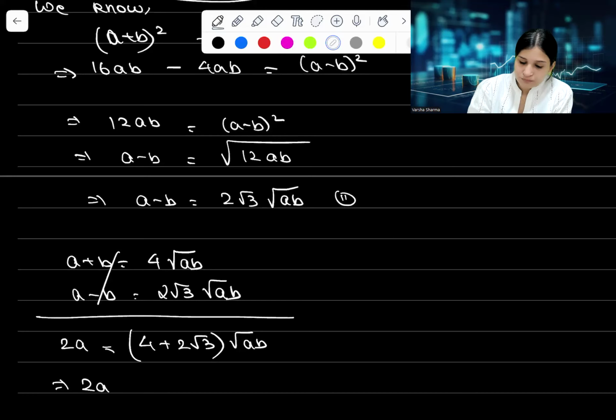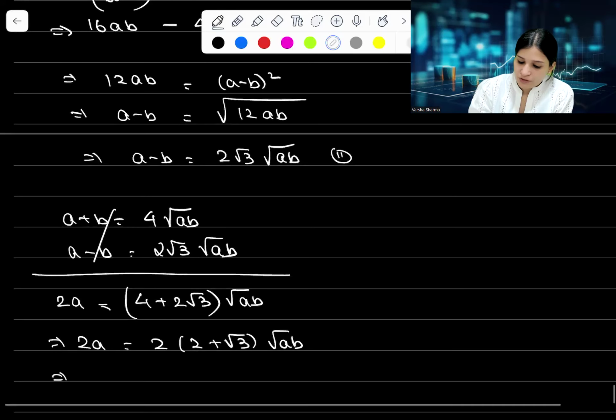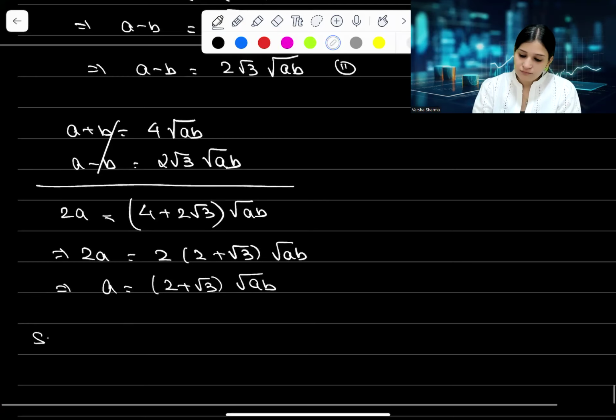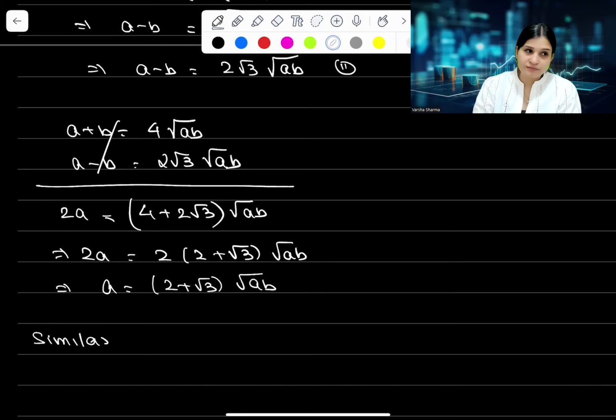Take 2 common. So A would be 2 plus root 3 root AB. Similarly, find B.